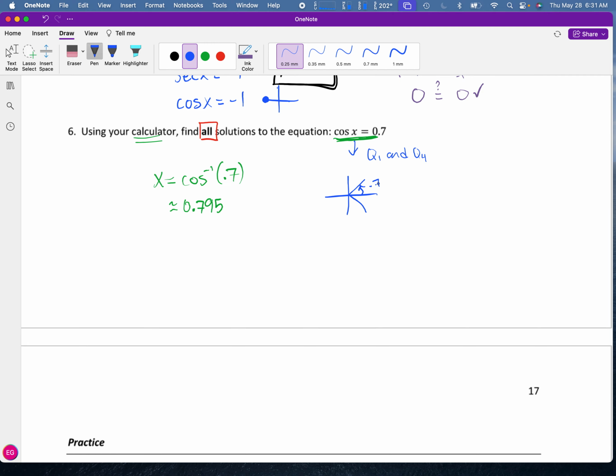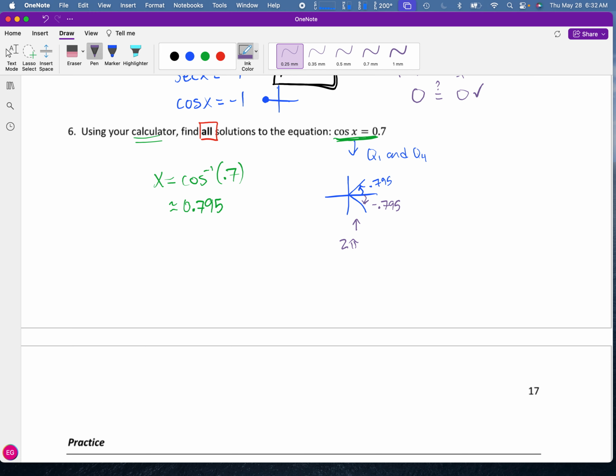So this is 0.795. And then I need to essentially use reference angles to figure out what this one would be. Now, cosine's kind of an easier one because we can just use negative angles here. We can say, hey, a negative 0.795, well, that's going to be an answer in quadrant 4. The other way we could do it, if we really wanted to, is we would have to think about what's happening here.